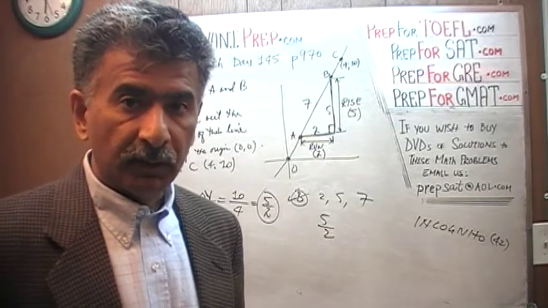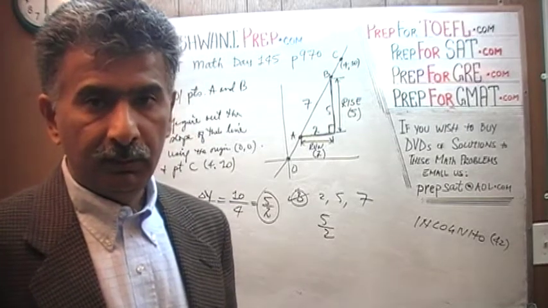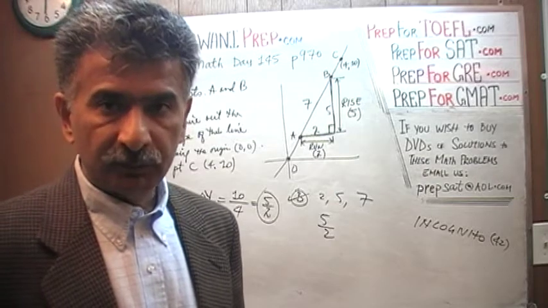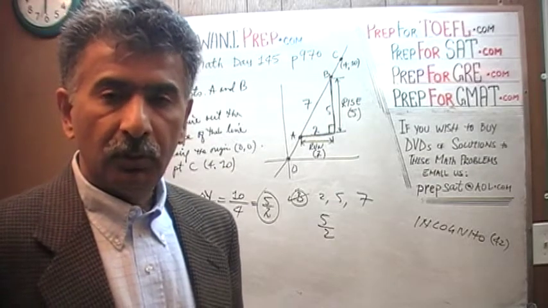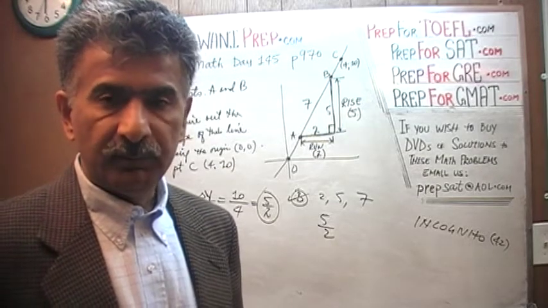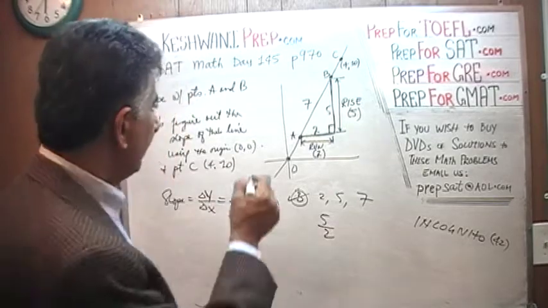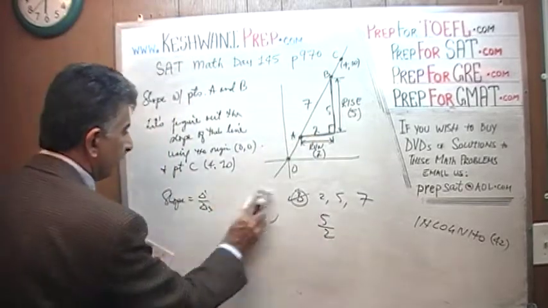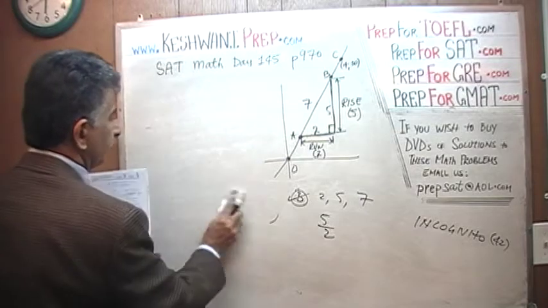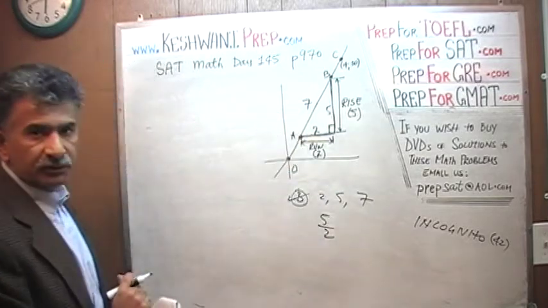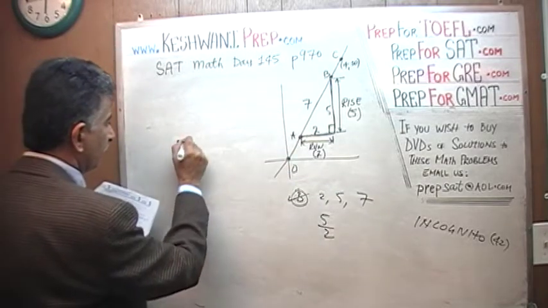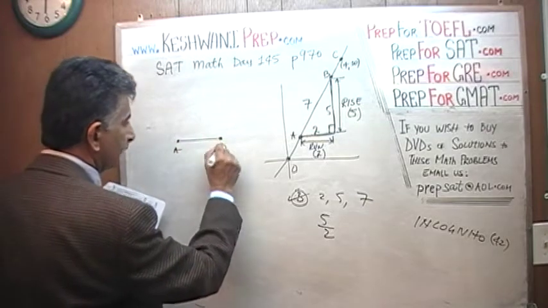Because the sum of the two sides in any triangle, one more time, the sum of any two sides in a triangle has to be more than the third side. This could not possibly be 7, because had it been 7, what you're telling me is that I have two options. I can drive from point A to point, let's call it point D here.